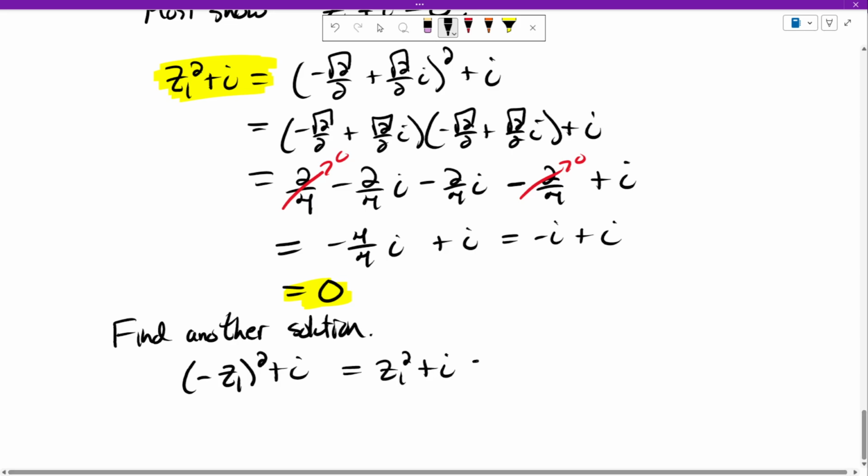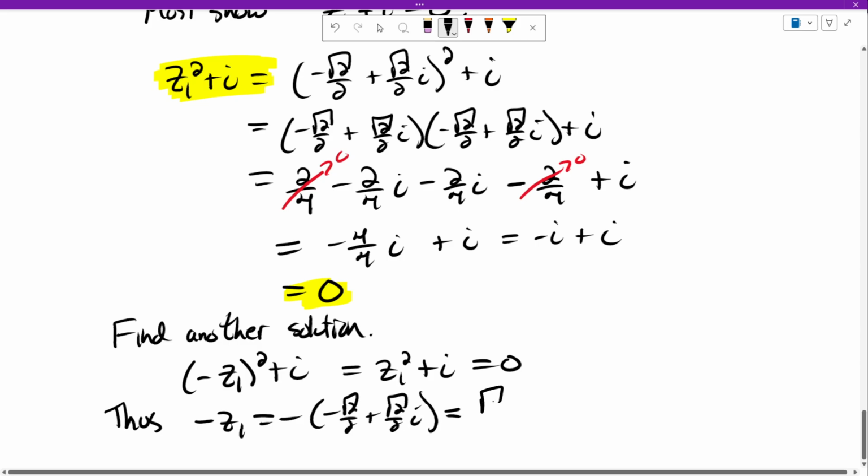We just computed that's 0. So it must be negative z1, which is negative of negative root 2 over 2 plus root 2 over 2i, which we can distribute the negative in to make it look like the right form. So root 2 over 2 minus root 2 over 2i is another solution.